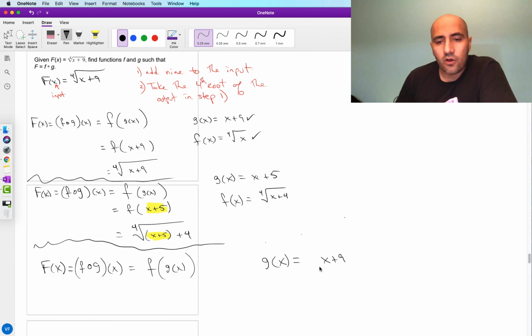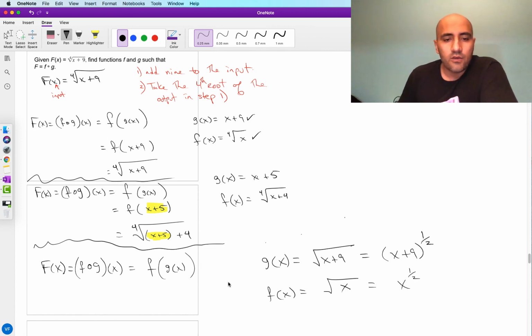And in fact, it's also equal to the square root of that, which we know is equal to x plus 9 to the power of 1/2. And then f of x is the square root of x, which is also equal to x to the power of 1/2. So when we come back over here, this is going to be f of this guy, so this will be equal to the square root of x plus 9.